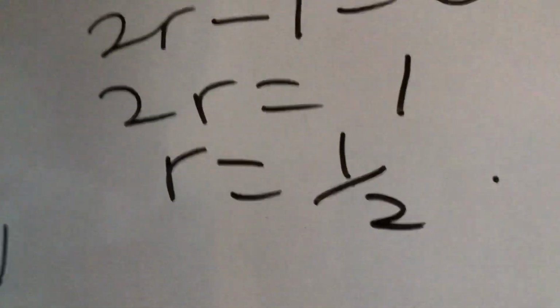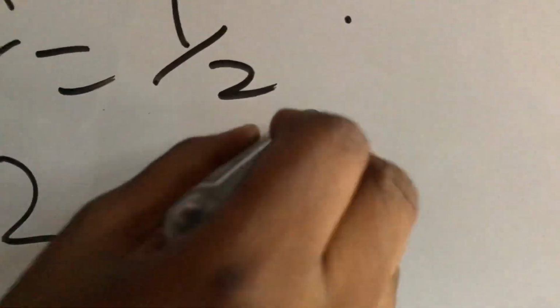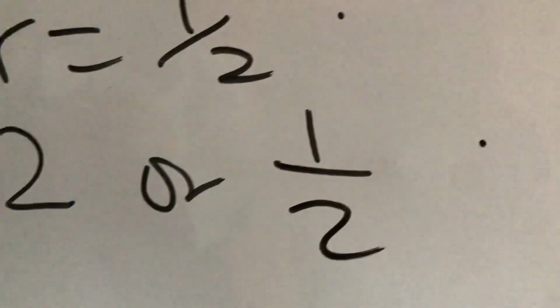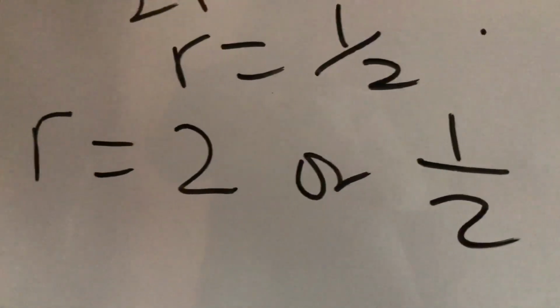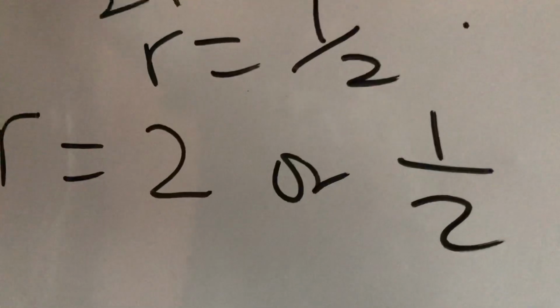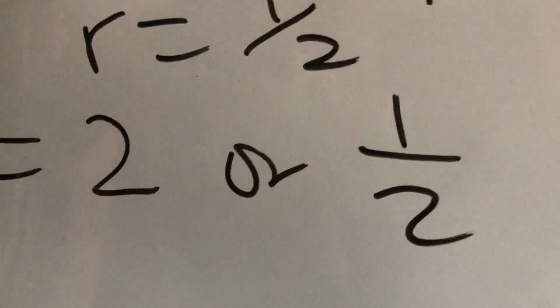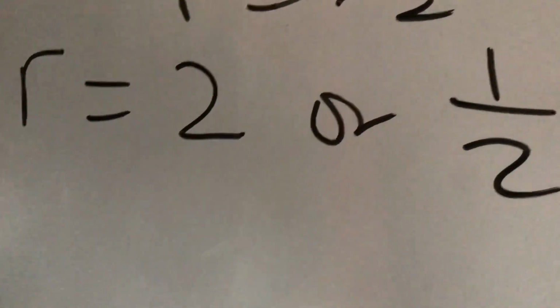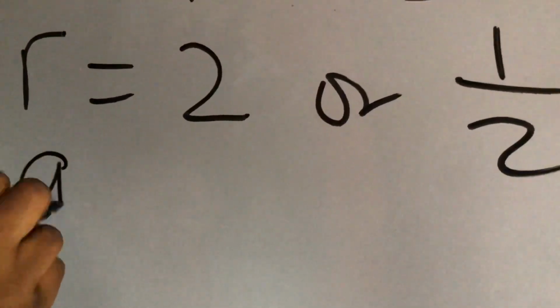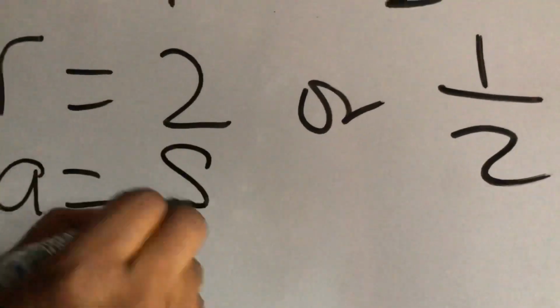So we have two values for r. r is equal to 2 or 1 over 2. So that is how to find that one. But they have to find the 3 numbers. So having known the r now, let's find the value of the second term. The first term is 8.